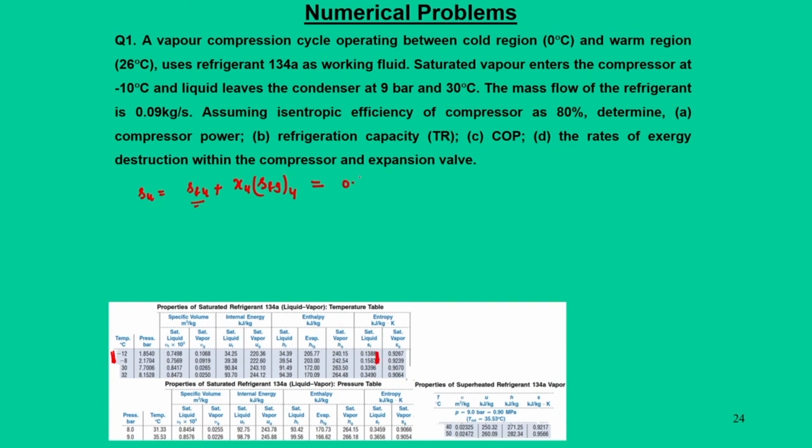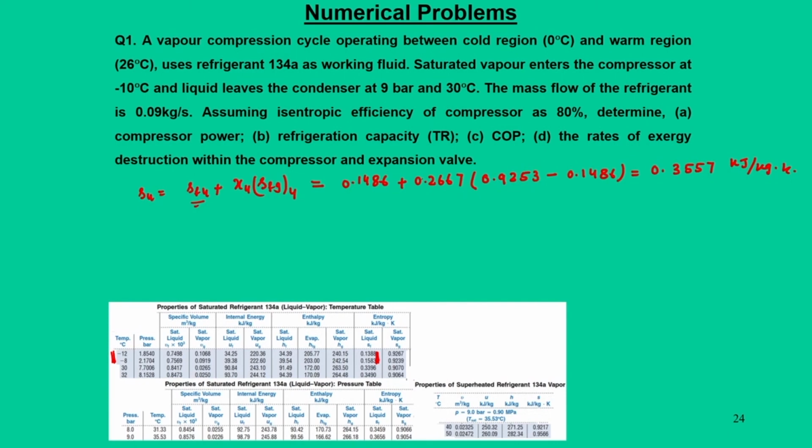So, this will be 0.1486 plus x 4 already calculated 0.2667, then 0.9253 minus, S g minus S f means 0.9253 minus 0.1486. So, this number is 0.3557 kilojoule per kg Kelvin.